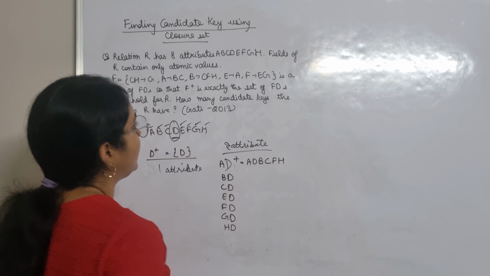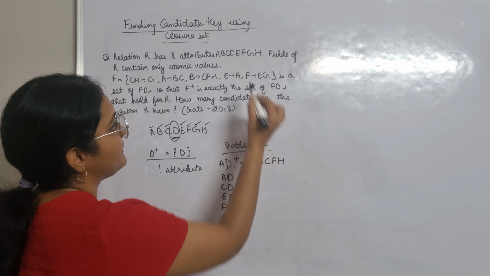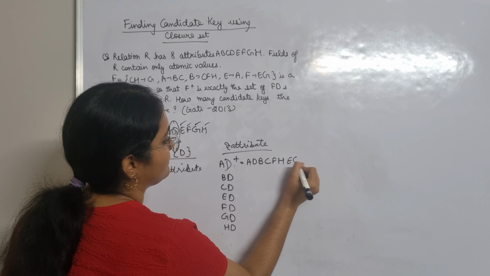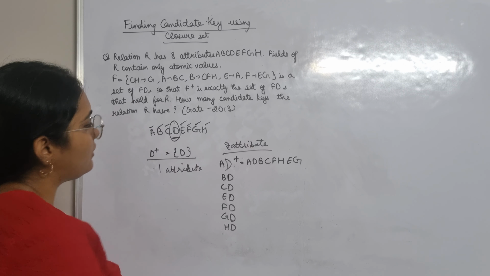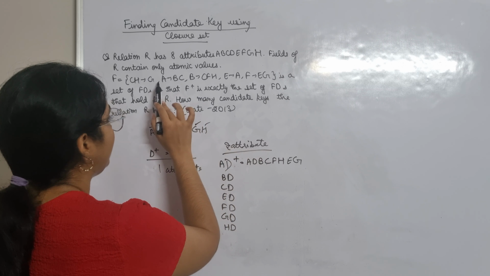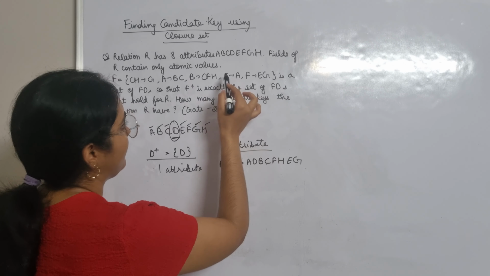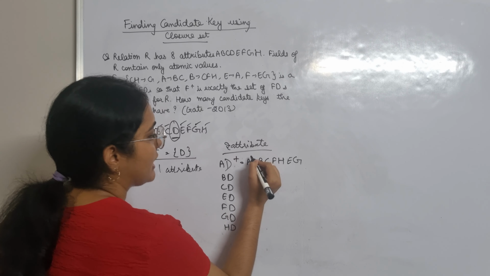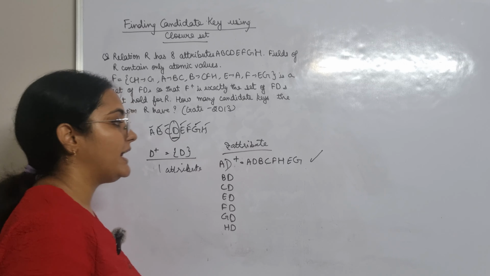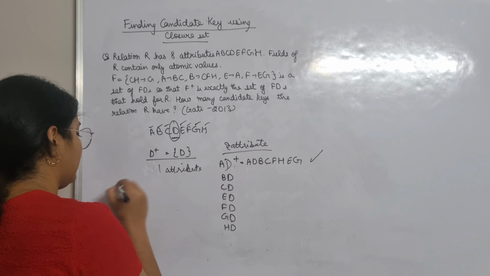E gives A. Do we have E? No. F gives EG. F we have, so EG. Any other? CH gives G, already have. A gives BC, already have. B gives CFH, already have. E gives A, everything we have. So now we have A, B, C, D, E, F, G, H, all attributes. So AD is a candidate key.